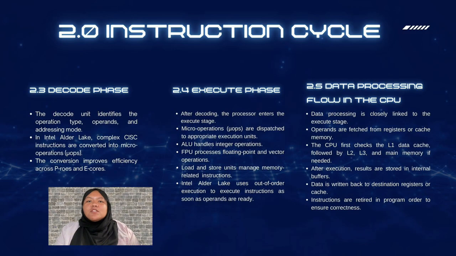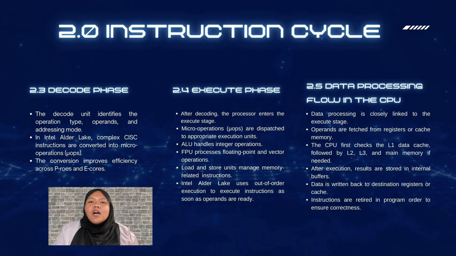After the instruction is fetched and stored in the instruction register, the processor enters the instruction decode phase. In this stage, the decode unit interprets the binary instruction to determine the required operation, operands, and addressing mode. In Intel Alder Lake 12th generation, complex CISC instructions are converted into simpler micro-operations.